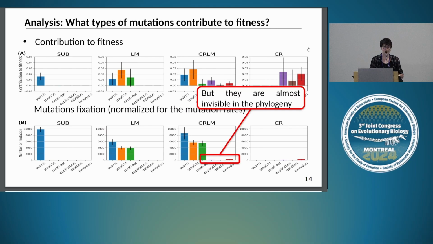And chromosomal rearrangements, most importantly, are very rare in the phylogeny. So they are almost never fixed here, and remember that in our mutational scenarios, all mutation types have the same spontaneous mutation rates. But as they are way more complicated and way more dangerous, because deleting half your genome is rarely a great idea, they are very deleterious and rarely fixed. So we don't observe them in real biological data as often as point mutations, naturally, but that doesn't mean that they don't have a huge impact.